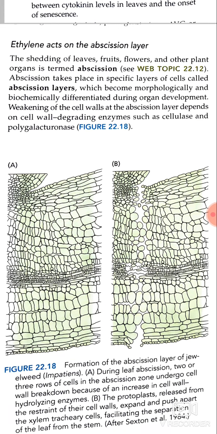Another function of ethylene: it breaks seed and bud dormancy in some species. Seeds that fail to germinate under normal conditions are said to be dormant. Ethylene has the ability to break dormancy and initiate germination in certain seeds such as cereals.